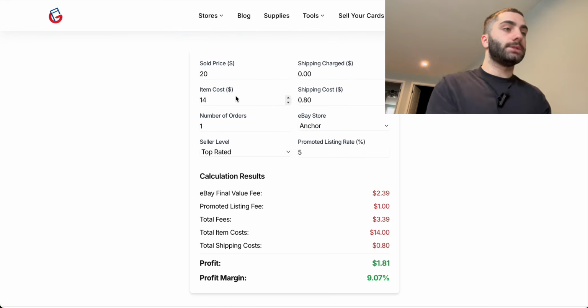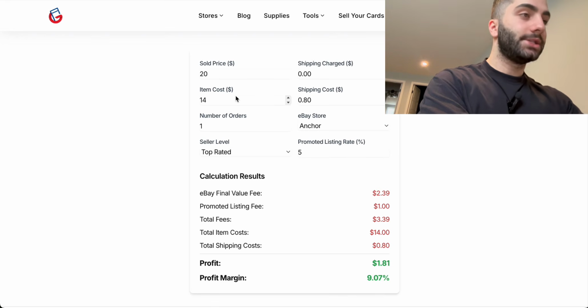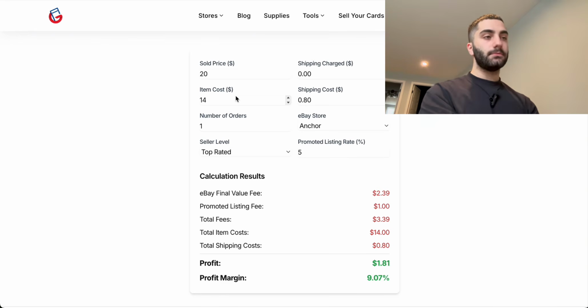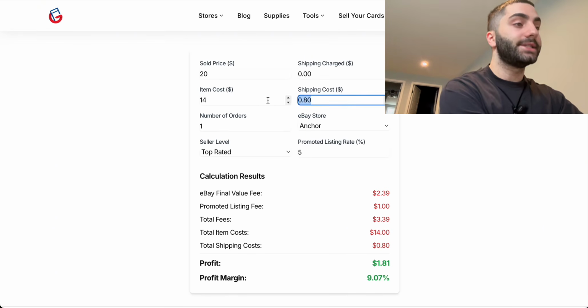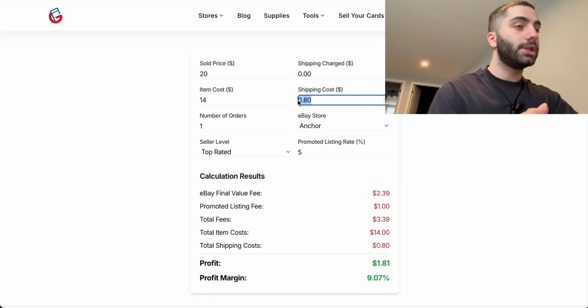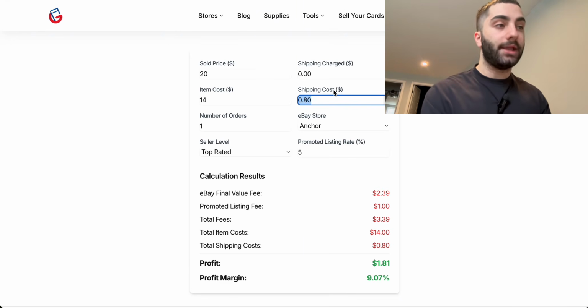Because if someone sees a card for $20 and then $26, even if you don't have a lot of feedback, they will buy from you because it's just a simple $6 difference. And of course, if that other person has a lot of feedback, they might still buy from them, but there's always ways to compete on pricing. It's not the best way to compete, but it definitely works when you're doing it with this method because you're not charging below market, but you're charging it in a way that you could still make a good profit.